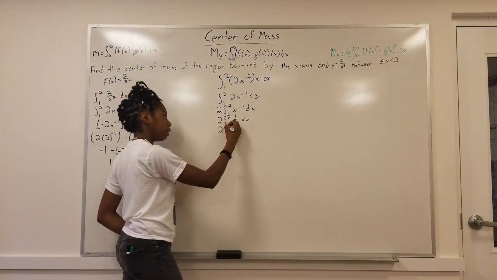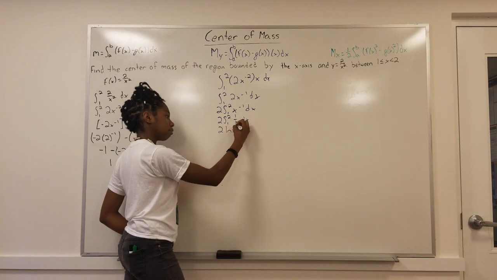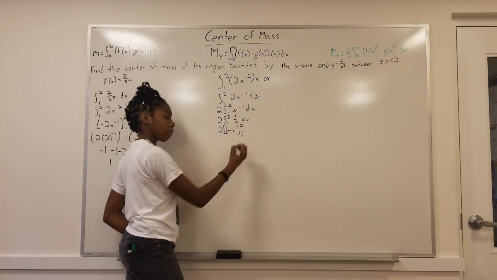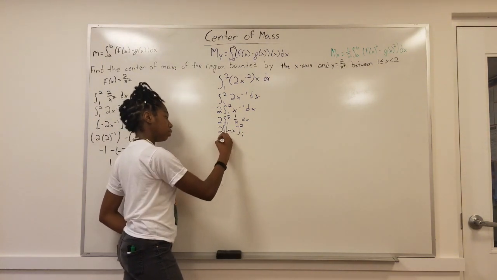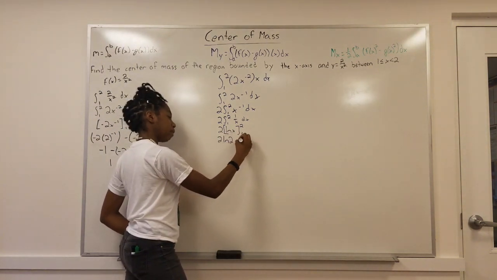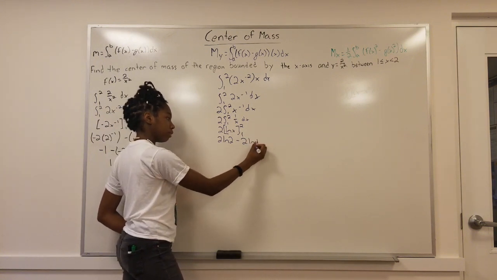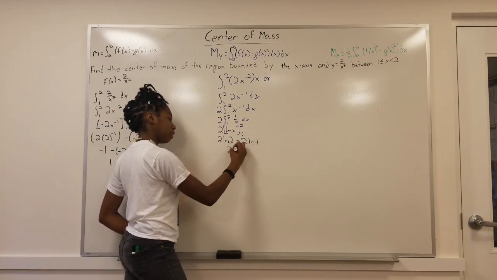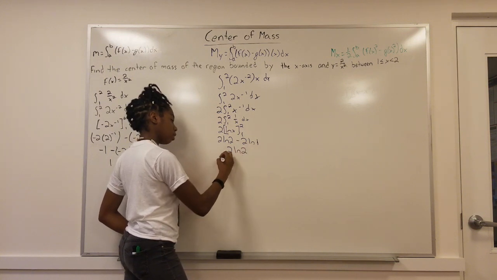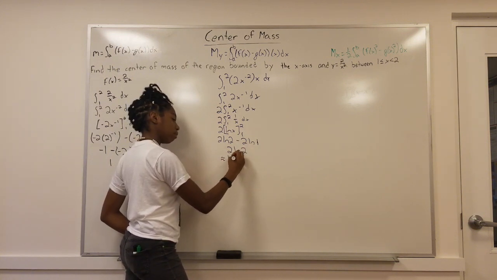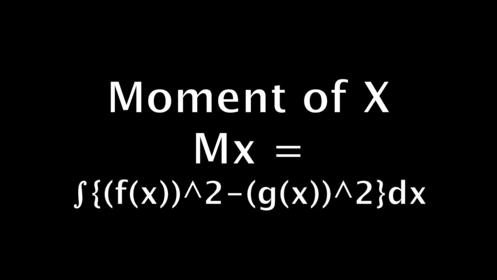So you have 2 times ln x from 2 to 1. So this is 2 ln 2 minus 2 ln 1. 2 ln 1 is just 0, so this becomes 2 ln 2, which is approximately 1.39.